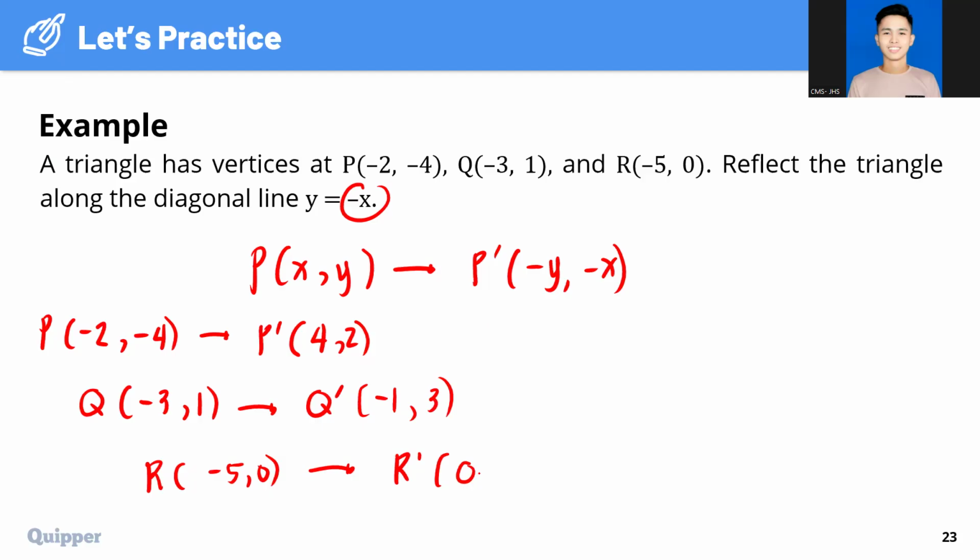It's neutral. It's not negative. It's also not positive. And then we have positive 5. So these are now the vertices of the reflected triangle along diagonal line y equals negative x.